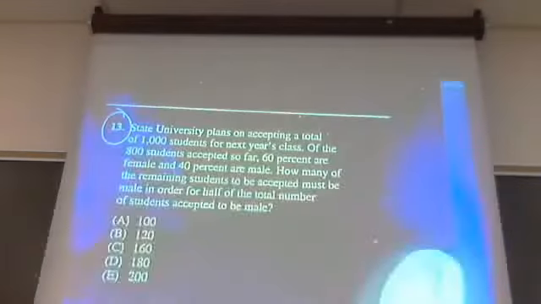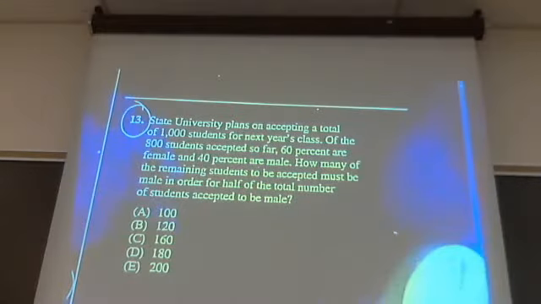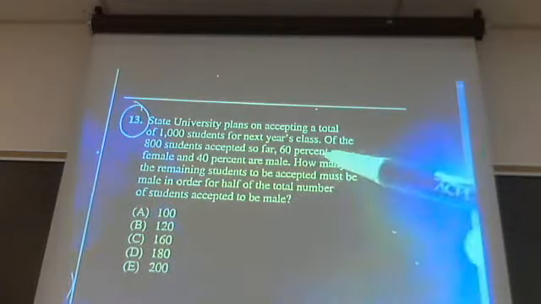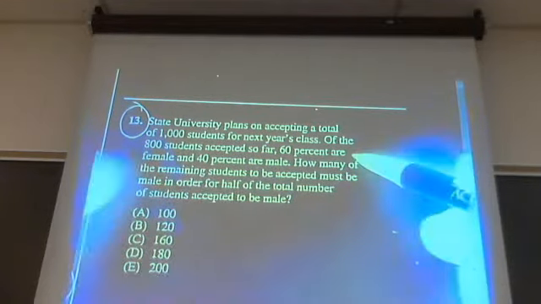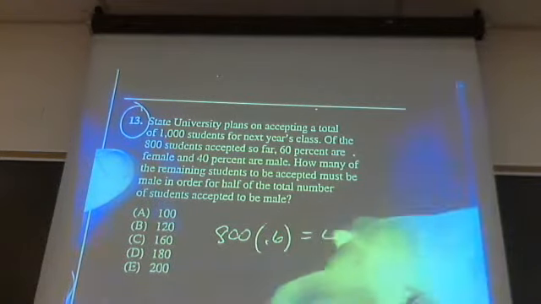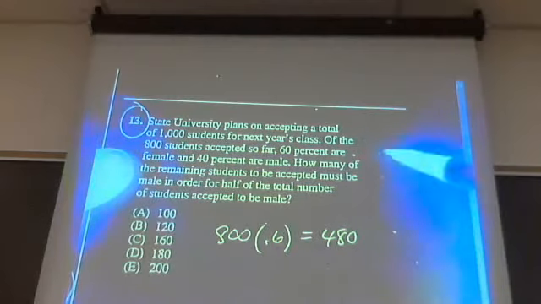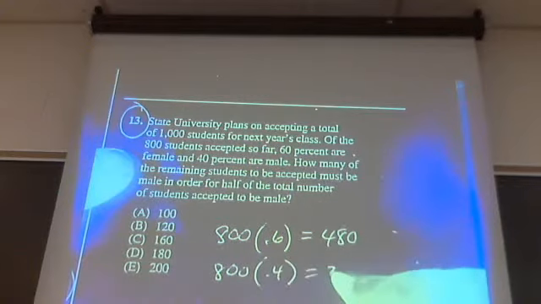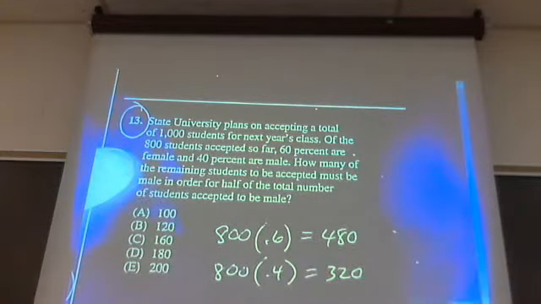Okay, question 13. State University plans on accepting a total of 1,000 students for next year's class. Of the 800 students accepted so far, 60% are female. 40% obviously are male. Probably didn't need to actually multiply that.